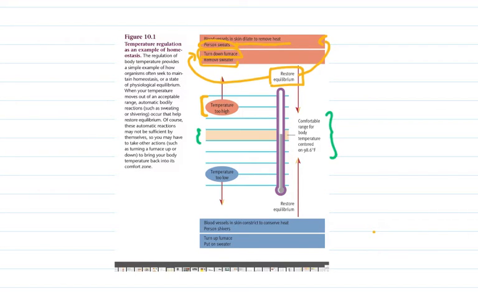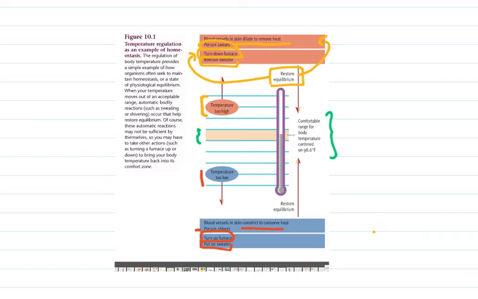On the other extreme, if temperature becomes too low, the blood vessels in the skin constrict, so they become thinner, to conserve heat, and a person starts to shiver. And the behavior that you can have here is that you either turn up the heater or you put on a sweater or a jacket or whatever it is that you have on hand.